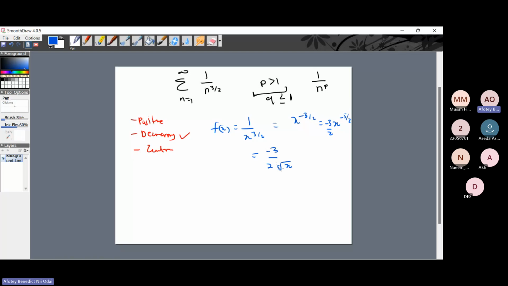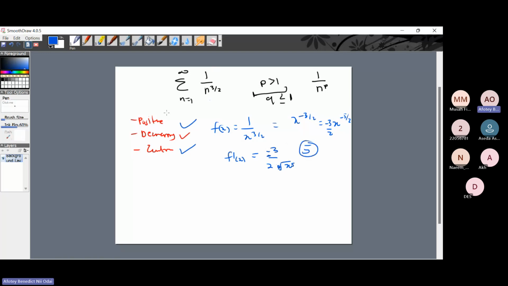So we saw that f prime of x is this, and since we have a negative here, we can conclude that this series is decreasing. Now, by observation, no matter the variable we put in here, we always get a positive digit, and we can just say that this is continuous. When we do that, we get 5 marks.